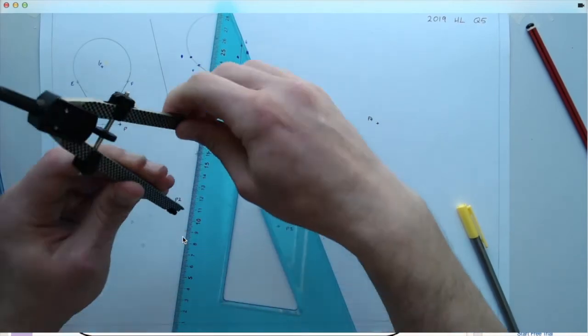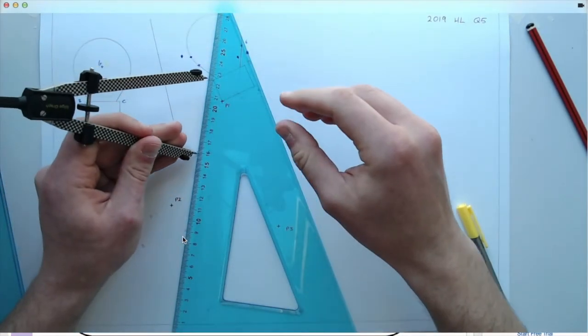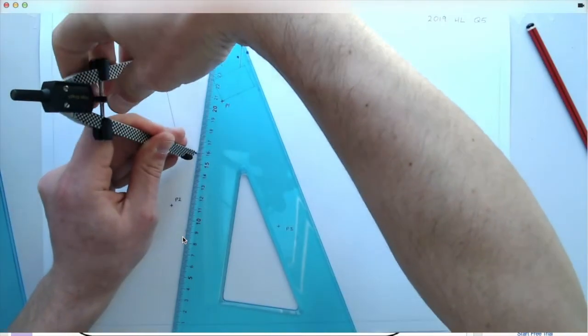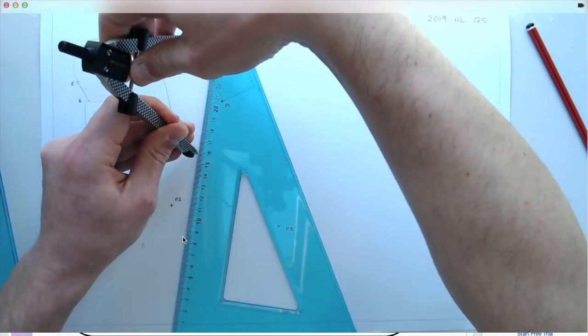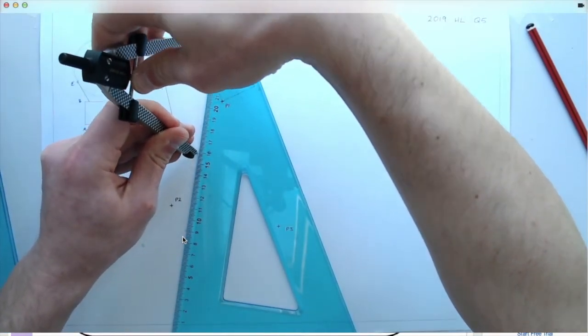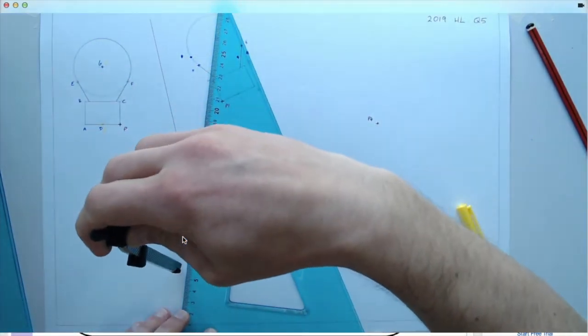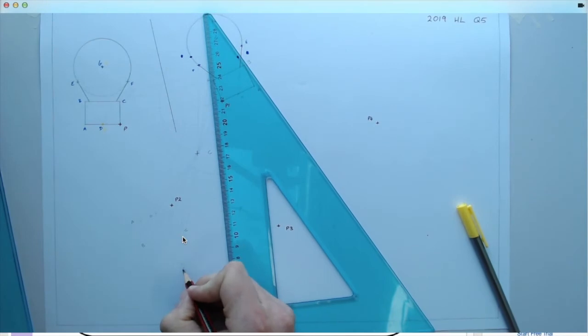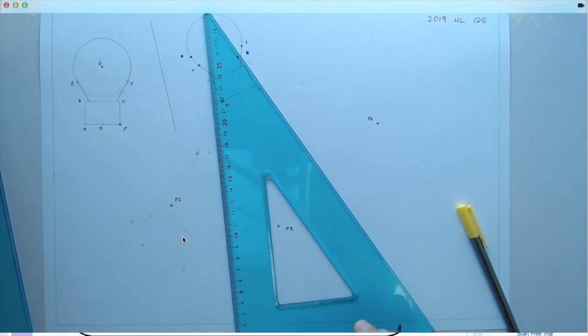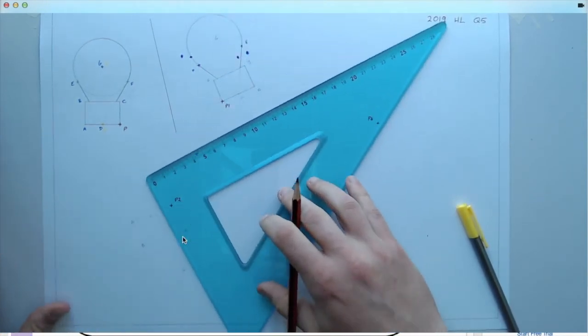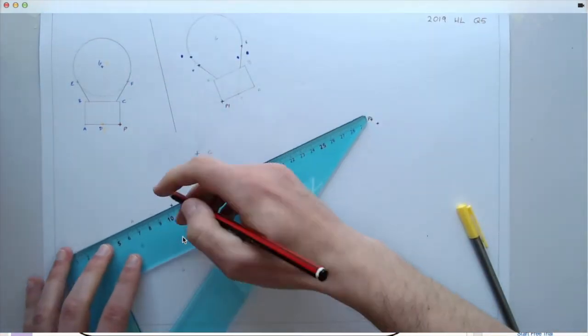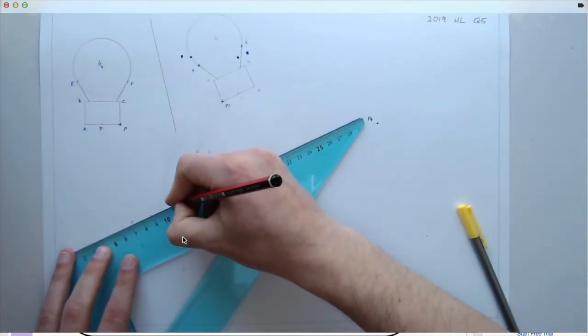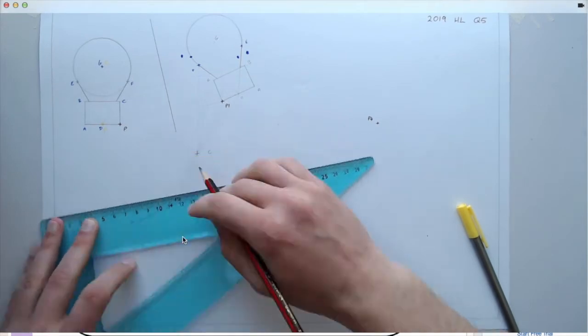And then for G here, just center my circle. And then I'm just going to join those up before I bring E and F again, because it might save me a little bit of time.